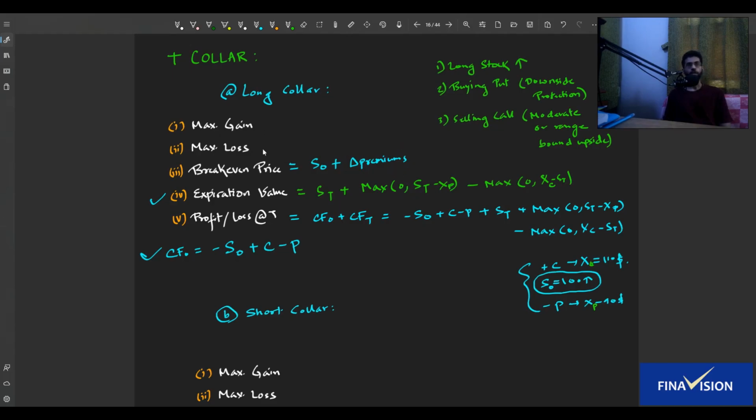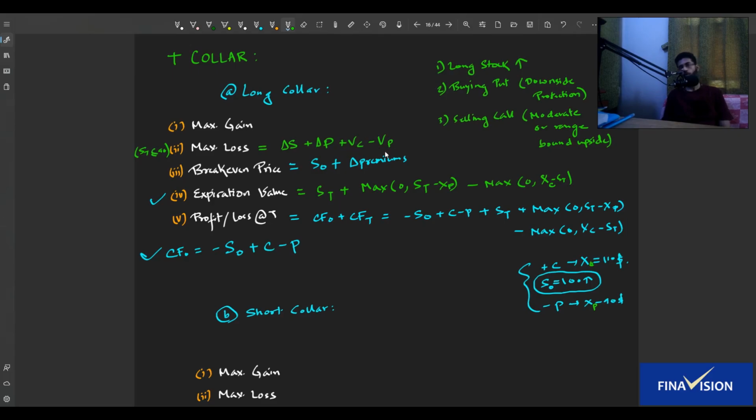Maximum loss. Now maximum loss happens when the price falls below $90. So when ST is less than or equal to 90, that is when the maximum loss occurs. Now what is that loss amount, friends? That is nothing but the difference in the prices plus the difference in the premiums plus the value of the call minus the value of the put.